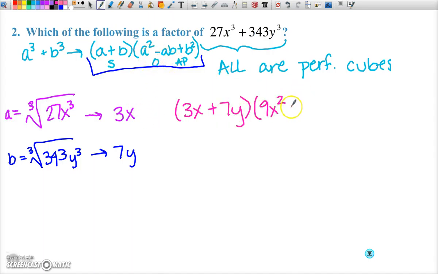We subtract a times b, so 7 times 3 is 21xy. And then we add to that b squared, which when we square that, we get 49y squared. And then close your parentheses. And that is your fully factored form. You're totally done. And that would be answer D because it matches this second half right here.